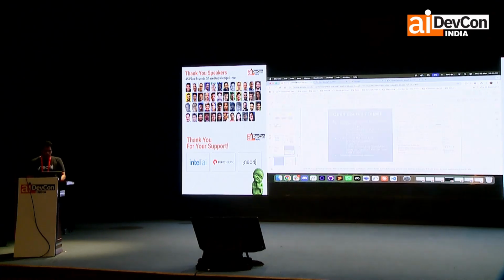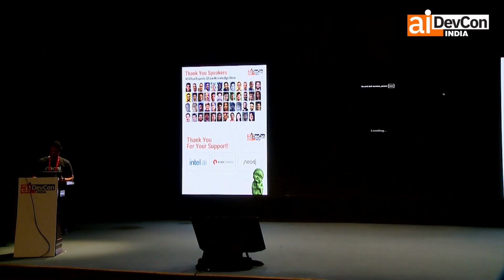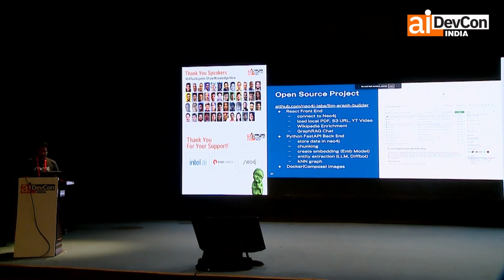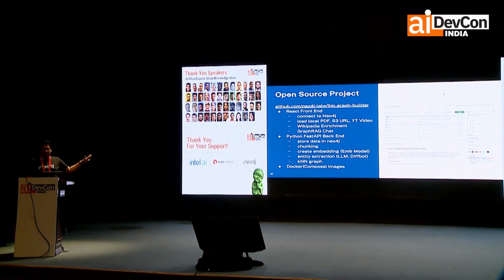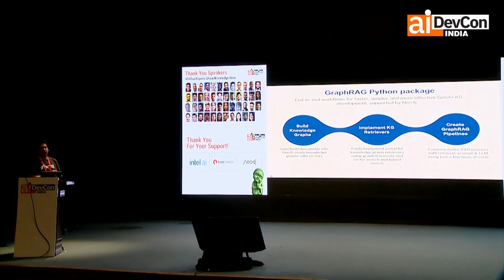So let me go back to my presentation. Okay. Yes, this is a no-code framework. But if you want more control, if you want to build a system where you have further control, we have also come up with this GraphRAG Python package. This was released, if I'm not wrong, last year.